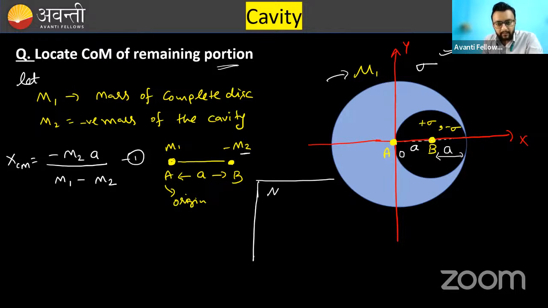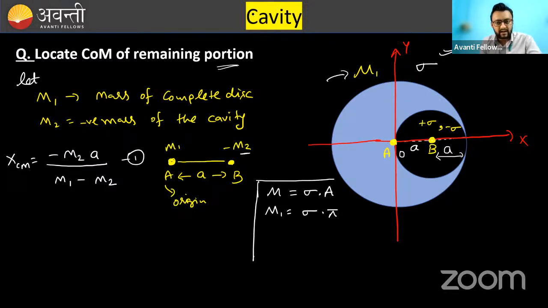You all know that mass is equal to sigma into area. Are you with me in this? We have learned that sigma is mass over area, so mass is sigma into area. So M1 will be mass density sigma times the area of the complete disk, which is pi r square. What is the radius of this larger disk? Can you see that this is the center point and this distance is 2a.